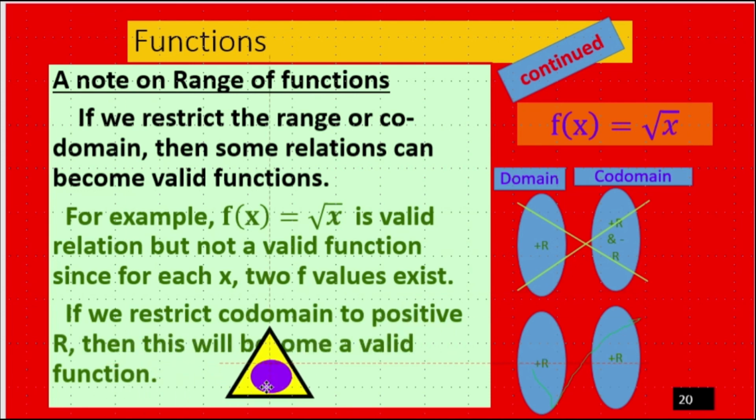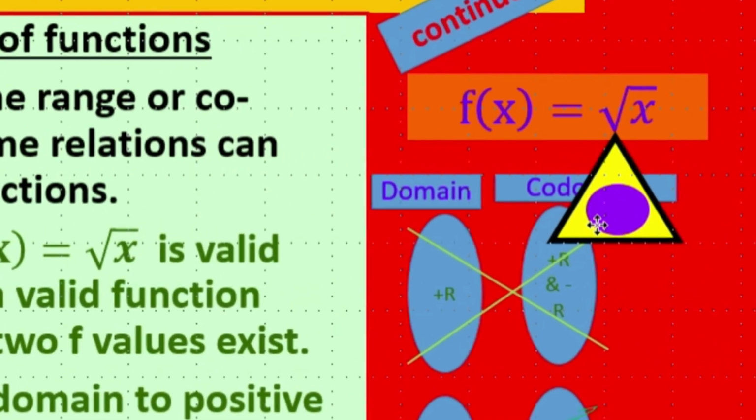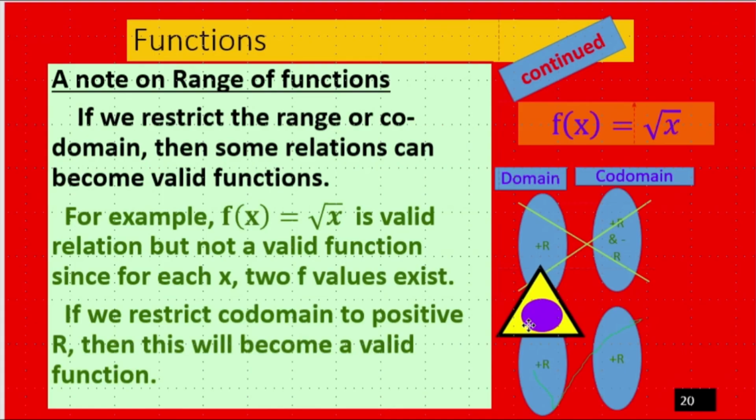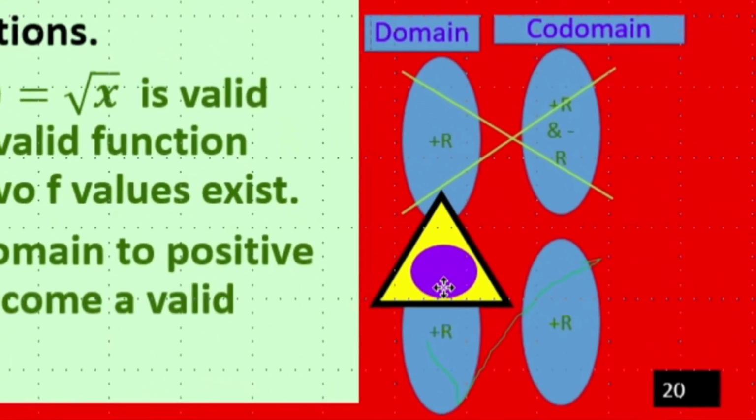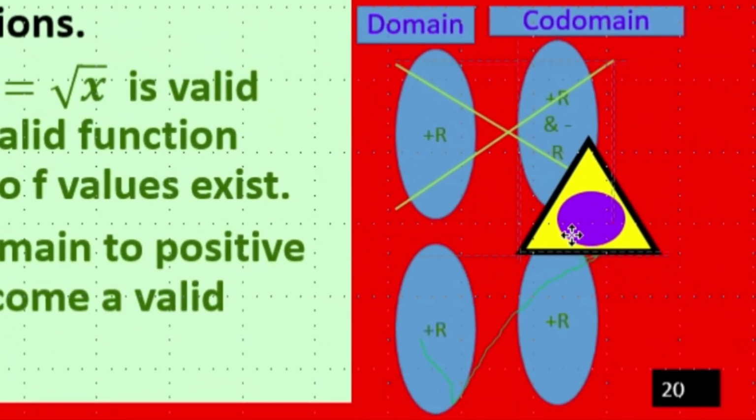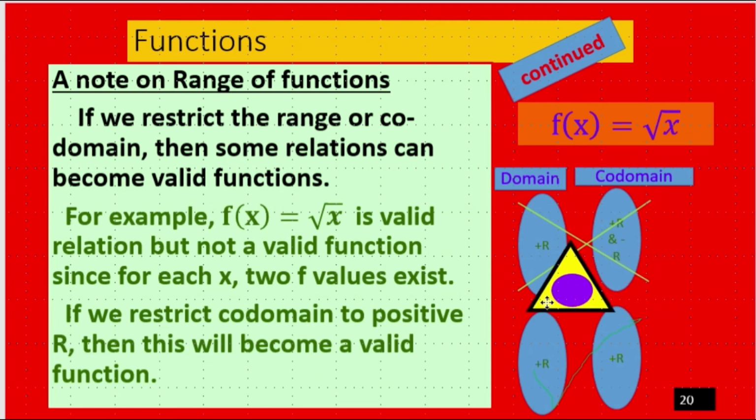For this function root of x, the domain is plus R. The codomain is plus R and minus R. Therefore, this is not a valid function. If we restrict the codomain to plus R only, then this will become a valid function.